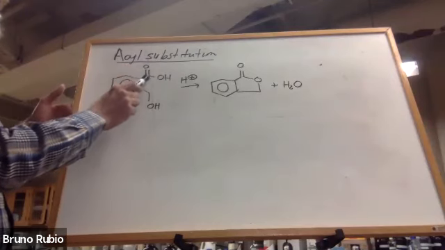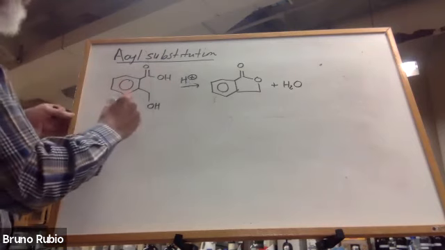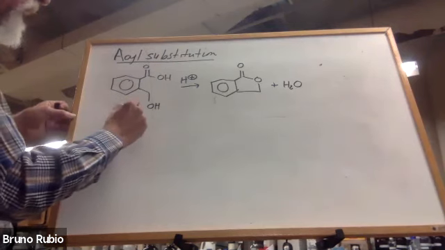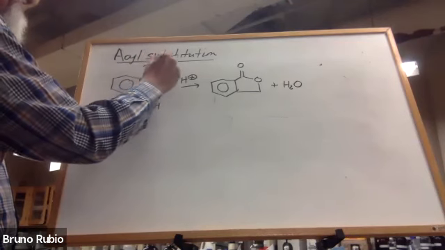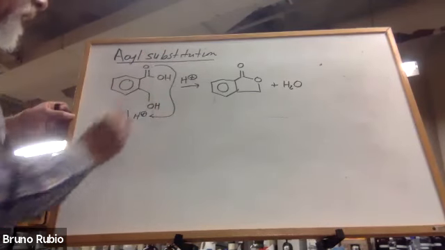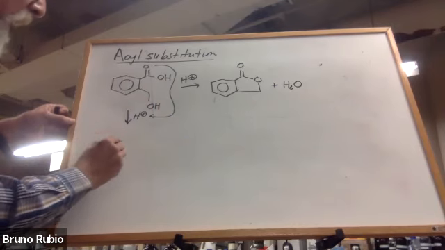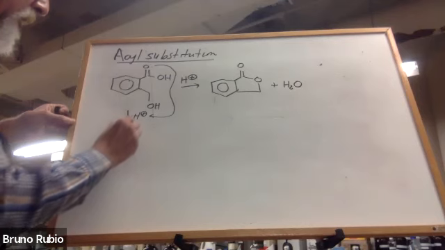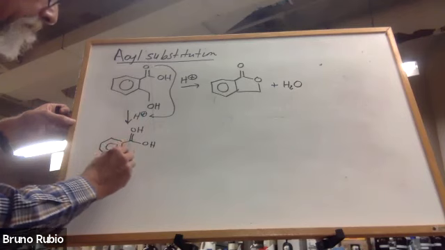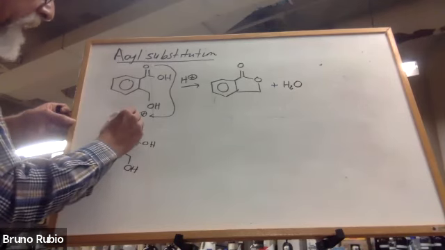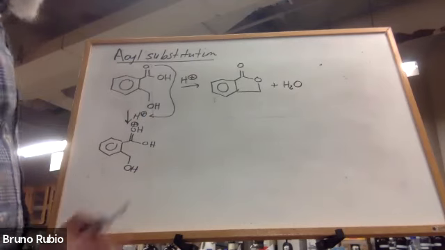It happens to be an acyl derivative. There's the acidic conditions. The first step in our mechanism is the protonation of the carbonyl oxygen by the acid, to give this intermediate. And this oxygen has to have a positive charge on it.